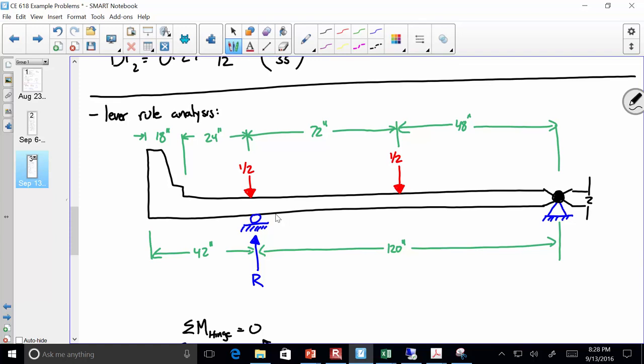Make sense? All right, so maybe I'll draw a little red dashed line right there, and I'll call this DE is 2 feet, okay? Make sense?